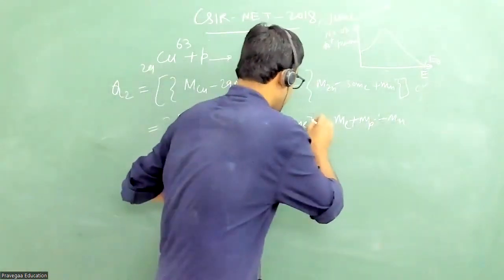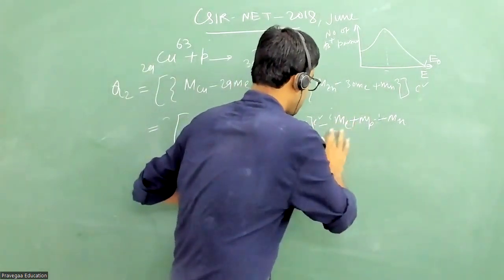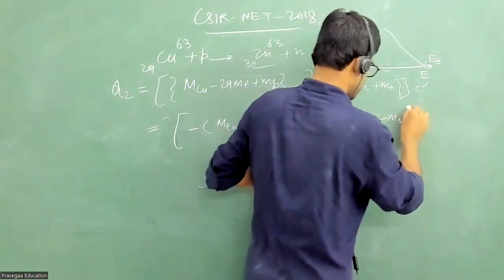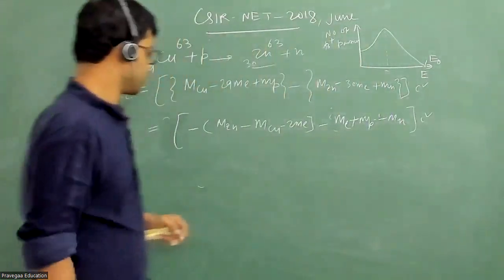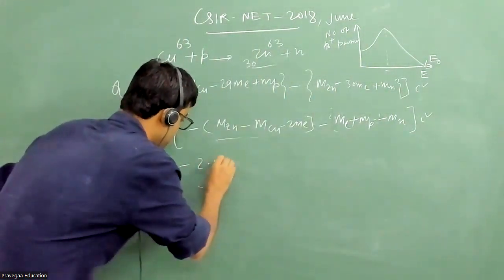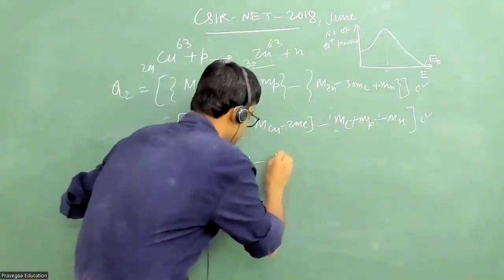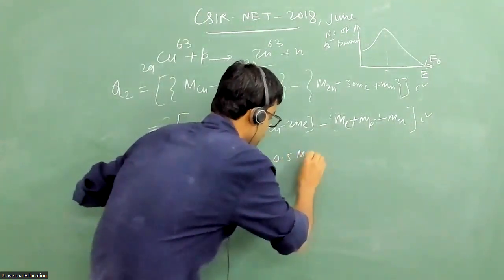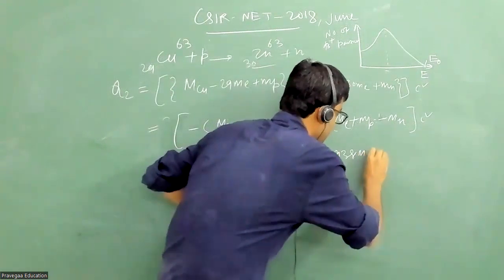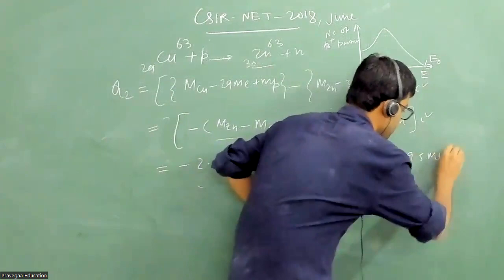So this can be written like this, and I'll substitute the values now. You know this value, that is minus 2.4 mega electron volt, and then you have 0.5 mega electron volt, and then you have 938 mega electron volt, and then you have minus 939.5 mega electron volt.